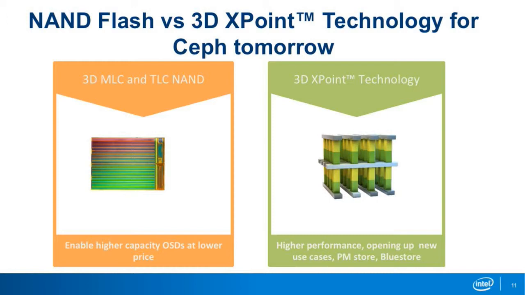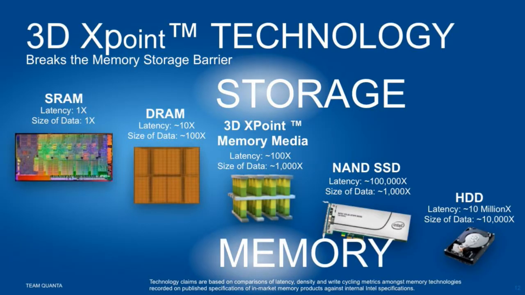The 3D XPoint is going to fill the gap between NAND flash and DRAM. It can do high capacity, with a little higher latency compared to DRAM, but still very good, filling the gap. Flash is still around 100 to 200 microseconds.